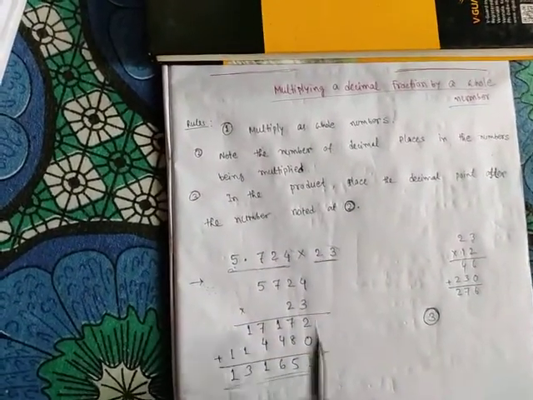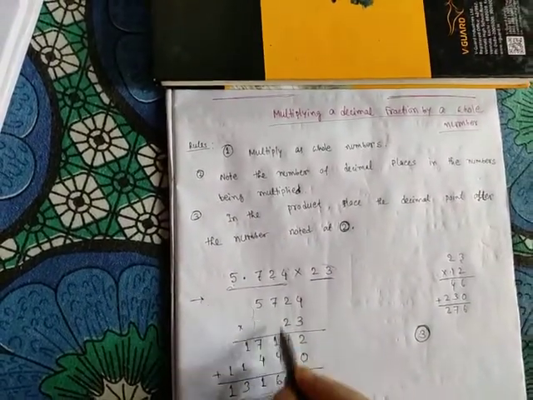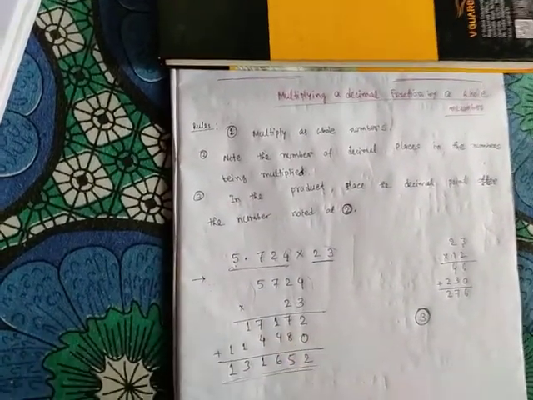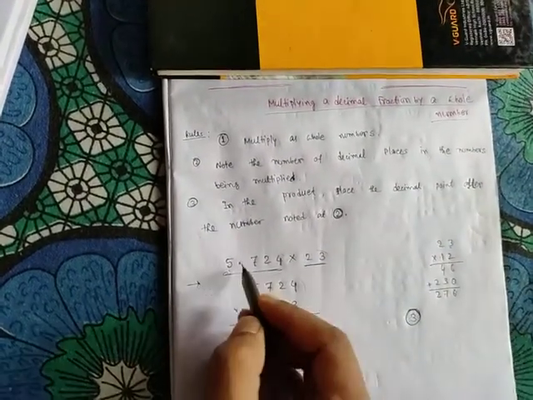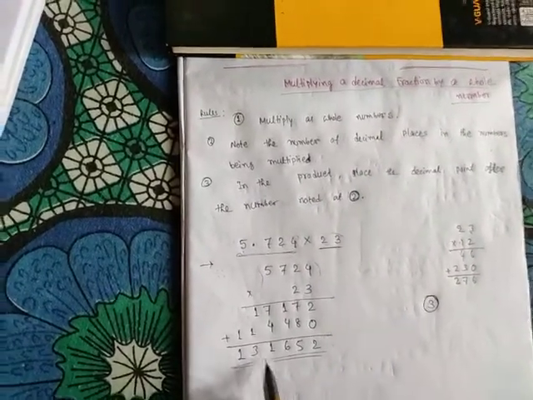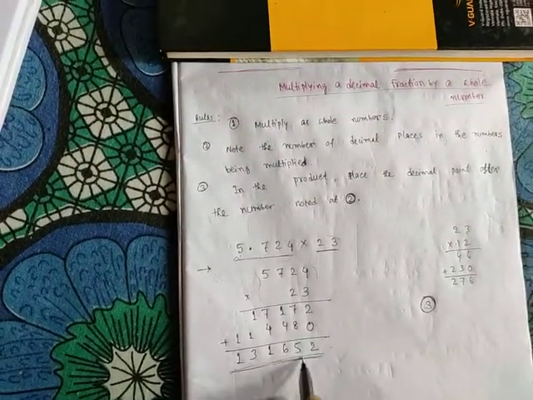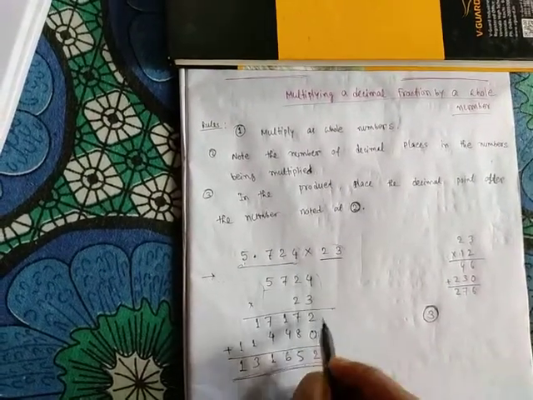Now see the product, in the product of whole numbers. Place the decimal point, because here you have the decimal point, so obviously the product must have a decimal point. But here I have no decimal point because I did the multiplication with whole numbers.